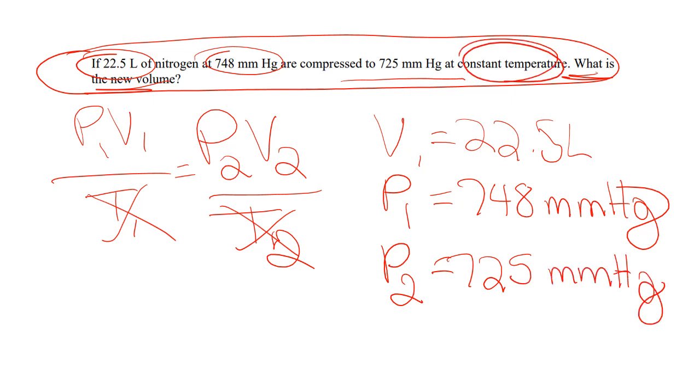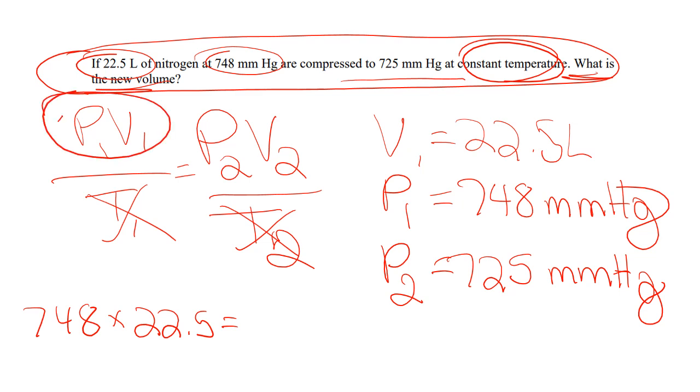So that's another way we can eliminate temperature. What is the new volume? So essentially 748 times 22.5 equals, so I'm just plugging those in here, P1 V1 equals P2 V2, 725, and we want to know the new volume.